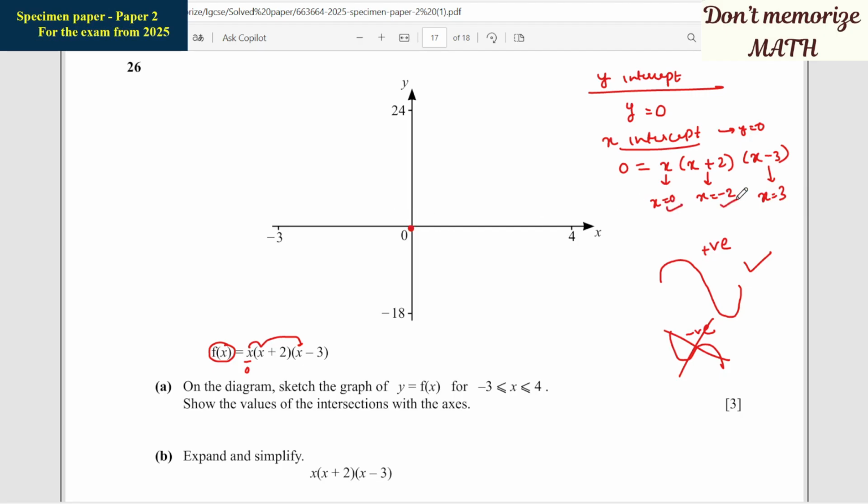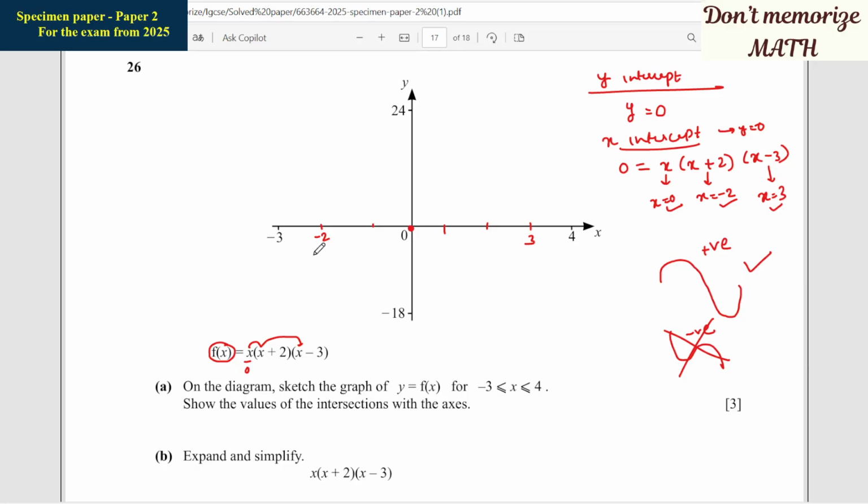Then x is equal to minus 2. So minus 3 is here, so minus 1 will be almost here, and minus 2 almost. You can mark the points. Then x is equal to 3. 4 is here, so this will be 1, 2, and this will be 3. Then we'll draw the graph. We need it like this, and we have to pass through minus 2, 0, and 3.